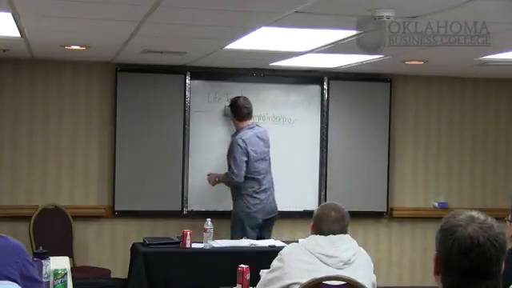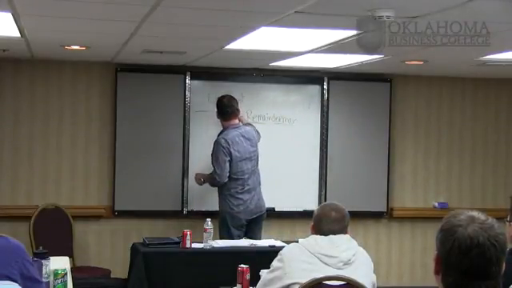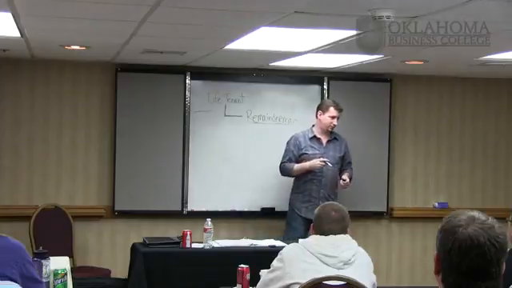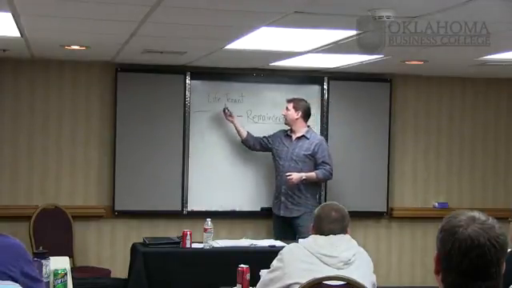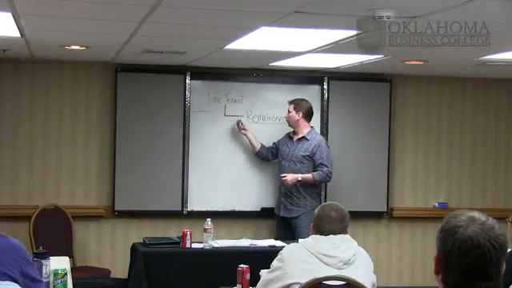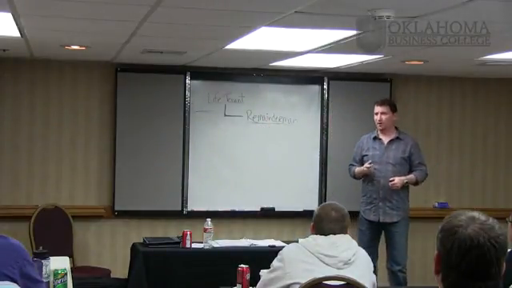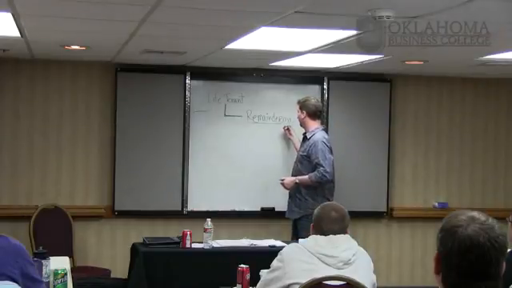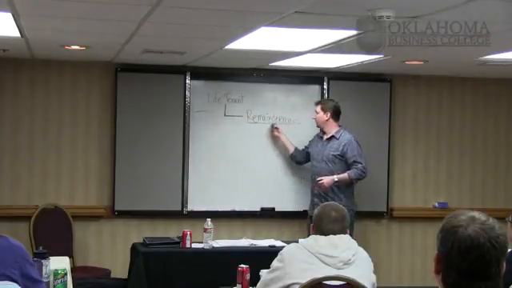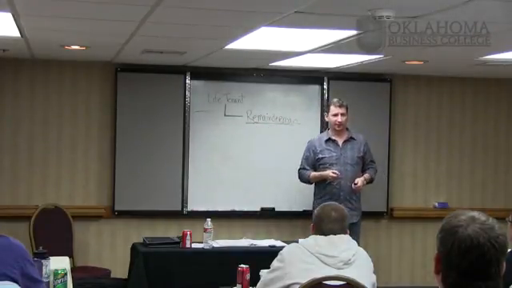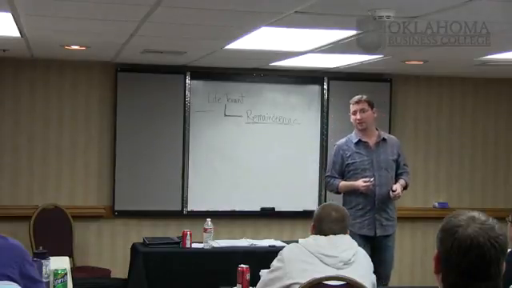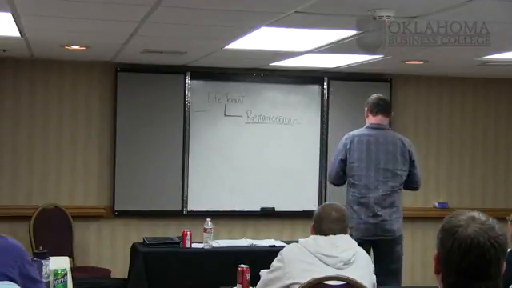A life tenant that has not reserved all executive rights, a standard life tenancy, cannot do anything without the approval of the remainderman. The remainderman has to sign off on it and say, yep, I approve, because the remainderman is the current owner and the future beneficiary of said owned property.